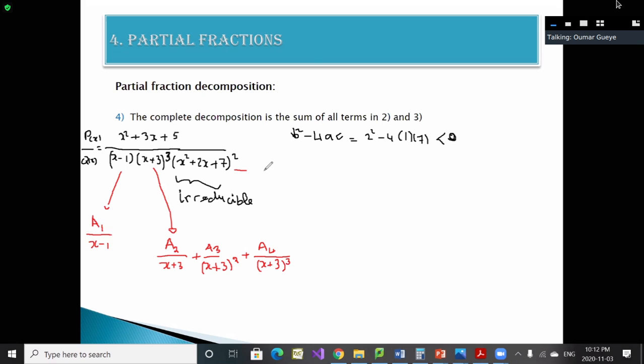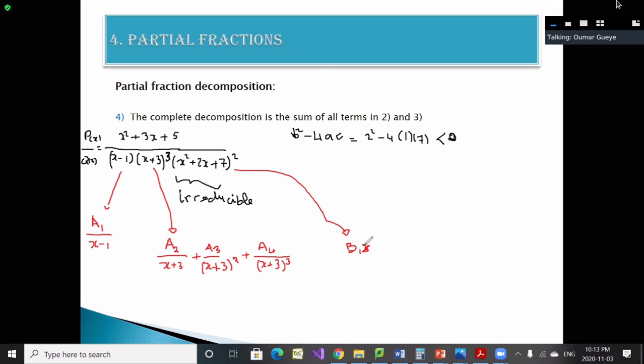Now from the last quadratic factor here, since the quadratic factor is repeated twice, it means it generates only 2 terms. And for this term, you will get B1x. You can see here the numerator for the quadratic factors is different from the numerators for the linear factors. For the linear factors, the numerator is always a constant.